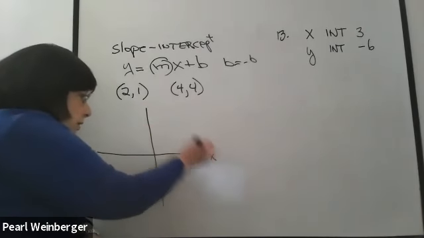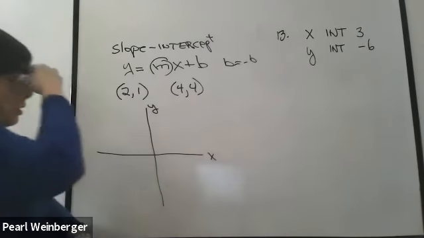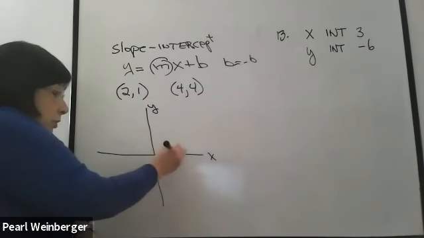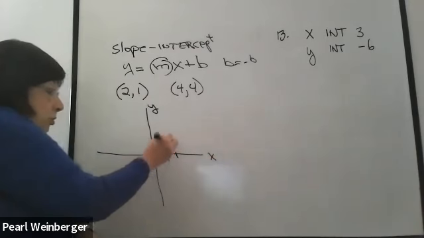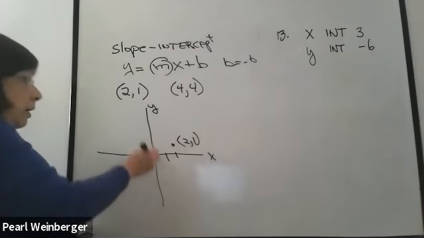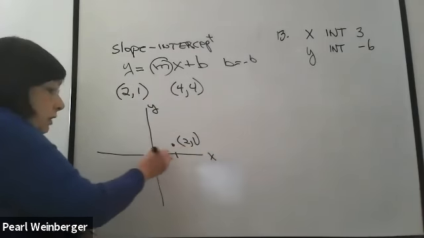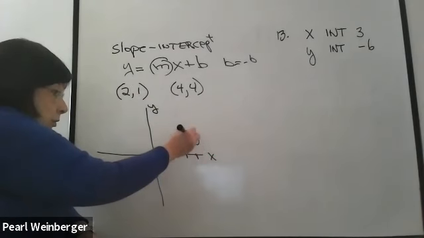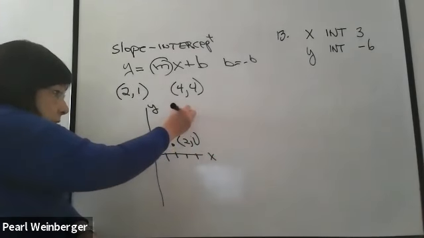Again, I'm drawing it, though you don't have to draw it, it's just easier to understand if I draw it. The point 2, 1 is 2 to the right, 1 up. The point 4, 4 is 4 to the right, and 1, 2, 3, 4 up.